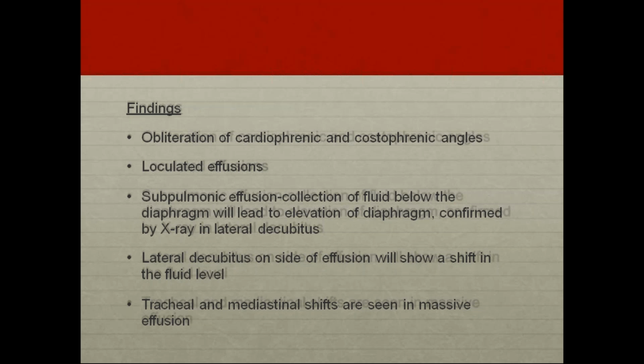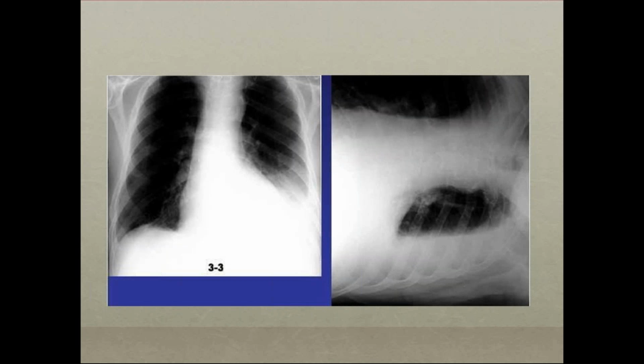Lateral decubitus on the side of effusion will show a shift in the fluid level. Tracheal and mediastinal shifts are seen in massive effusion. As already shown here, you can see the blunting of the costophrenic angle. The costophrenic angle is normal here, but here it is blunted, obliterated.